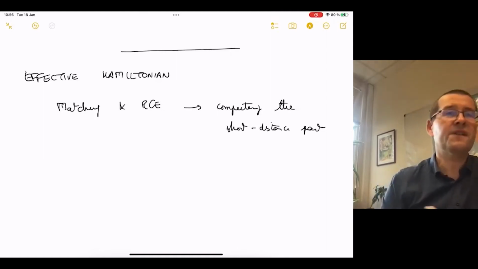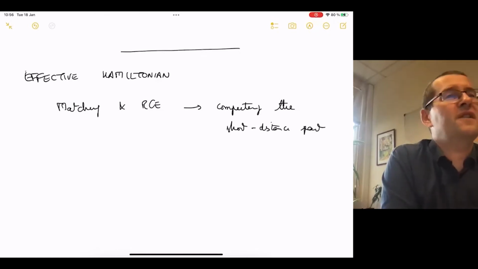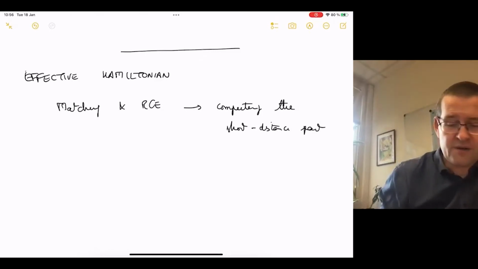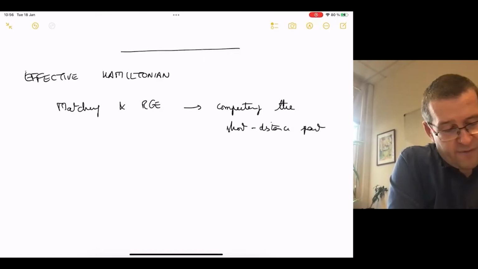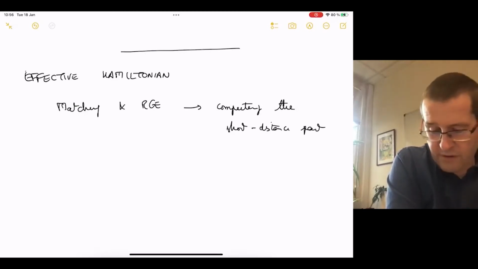I'm not saying that it's easy. I'm saying it's structurable, which is a very different statement. And actually, it's very challenging to go to higher orders in order to determine very precisely the values of these Wilson coefficients. But the technology needed has been developed over the years, and so it's possible to do it.